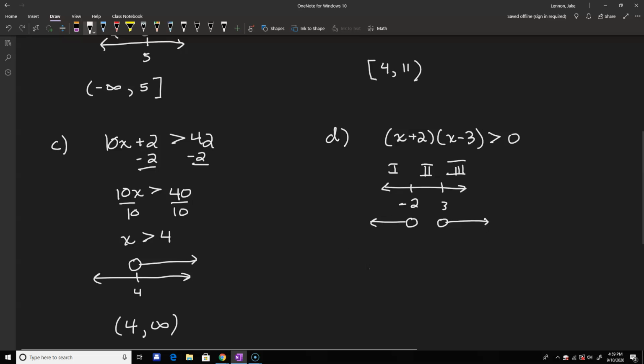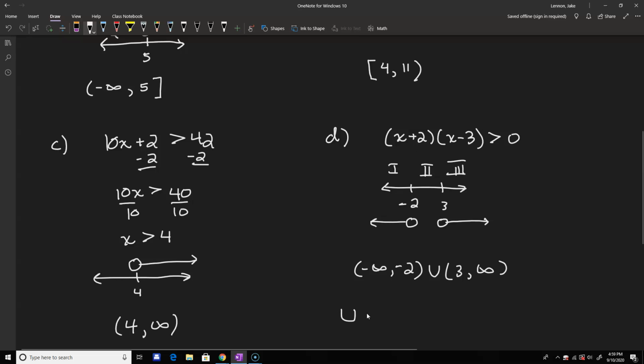So how would we write this in interval notation? Well, this part is -∞ to -2, not including the -2, and then we have the 3 all the way up to infinity. And if you have two disconnected intervals that are both part of the solution set, you connect them using a symbol that looks just like a capital U. That's the union symbol.